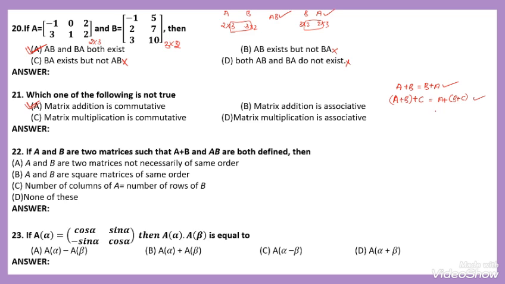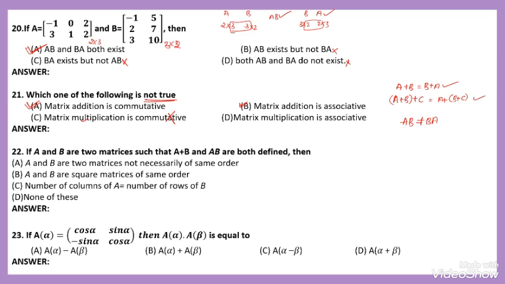Matrix multiplication is commutative? No. Matrix multiplication is not commutative. Here AB is not equal to BA. In between there is a multiplication, so this is not possible. So the option they gave is not true.